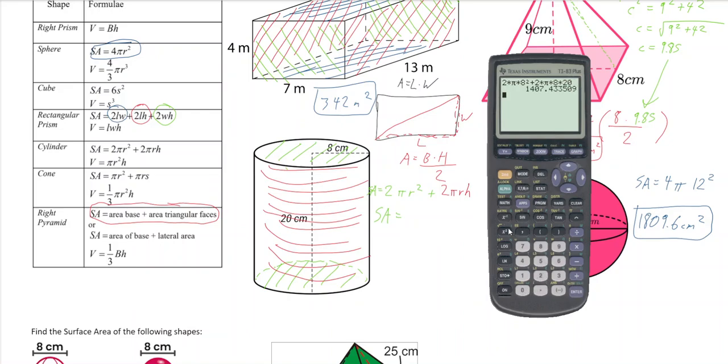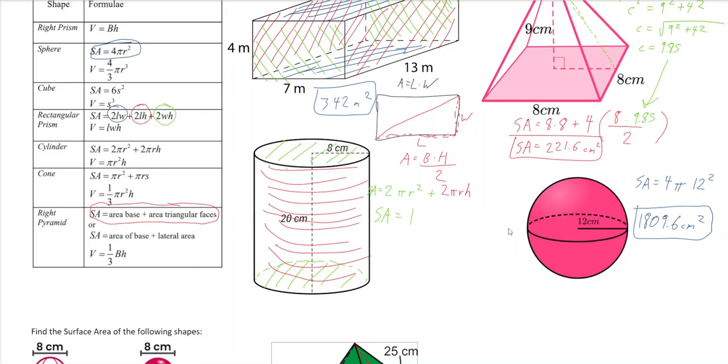So we get 1407.4. Okay, and as you can see, we have other shapes here like cones. You just have to realize again that pi r squared is the circle part of the cone, and this other part is the outside of the cone. But that mostly covers everything.